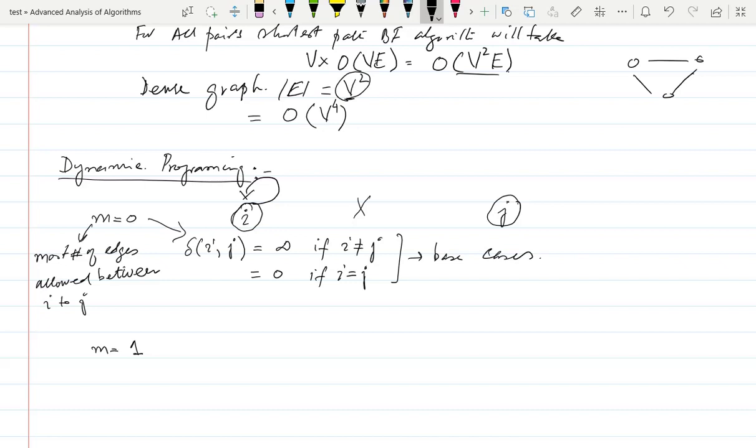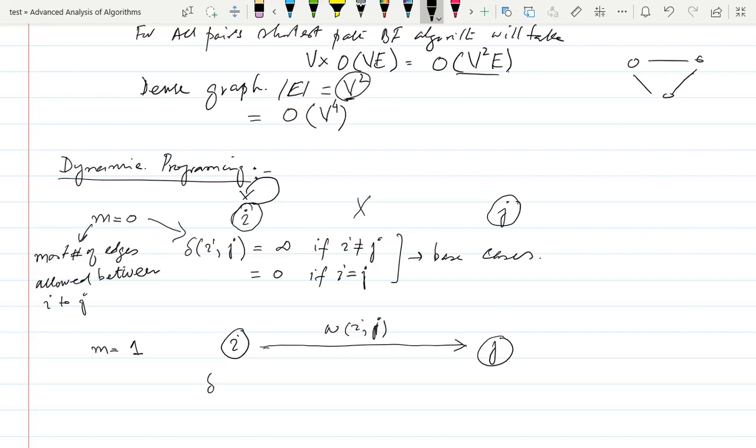So in this case if I draw the same thing over here, I, j, then if there is a direct edge between I to j, whatever is the weight of ij, that will become your shortest path because it is better than the infinity.